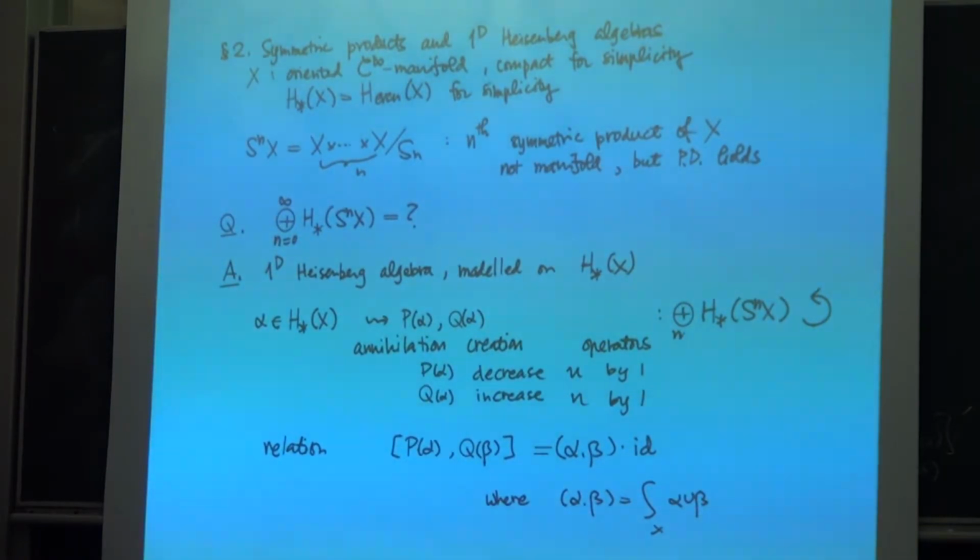This I denote by SnX, the nth symmetric product of X. This is not a manifold, because this SnX parameterizes n points on X, where you forget the order. And if some points collide, then it is a singularity in SnX.